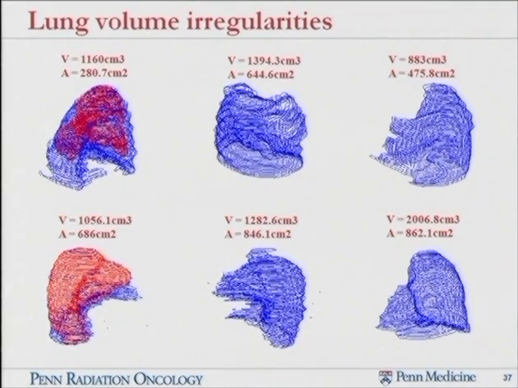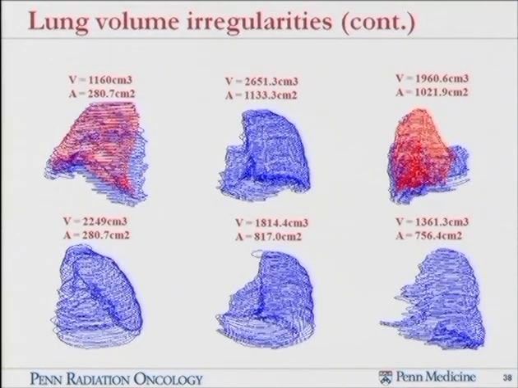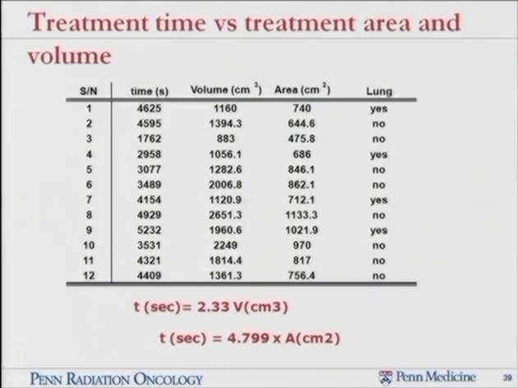You can calculate that, currently, using the prior CT data. You can see that they change quite a bit, and then you can calculate the volume of the lung cavity or the surface area from this pre-treatment CT.